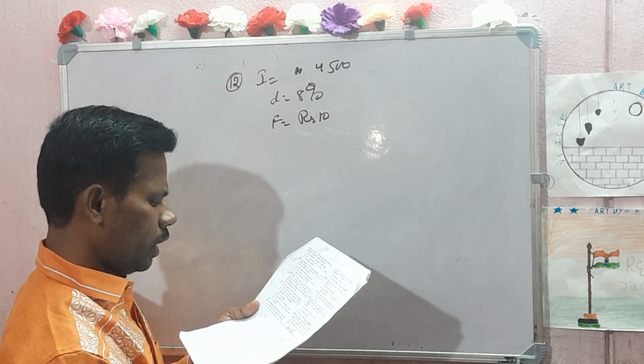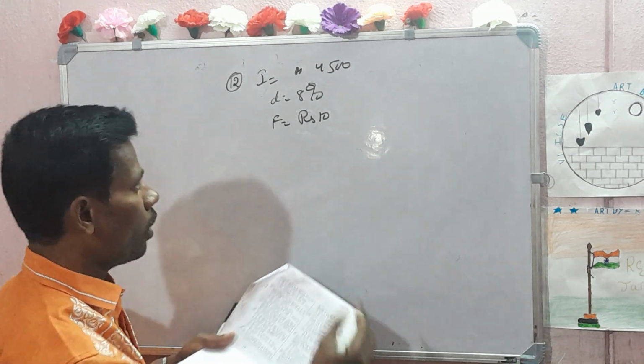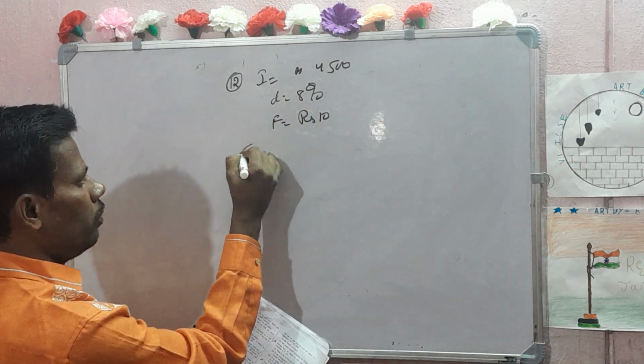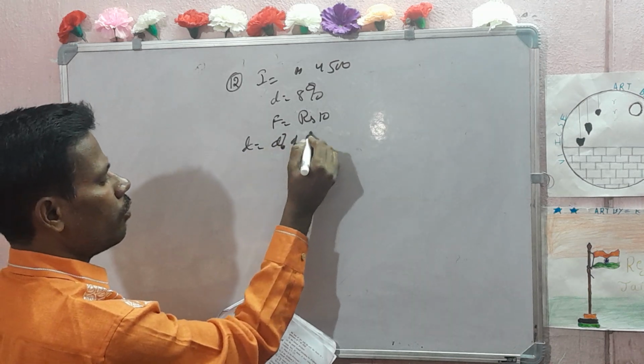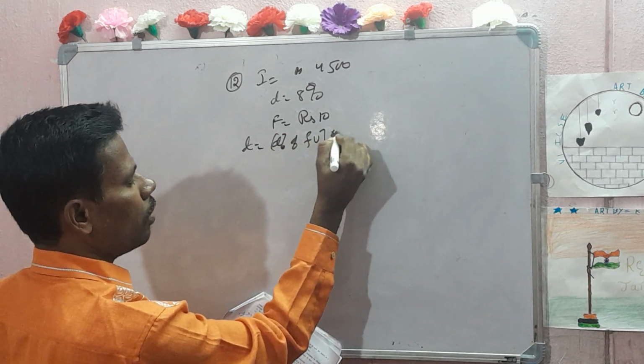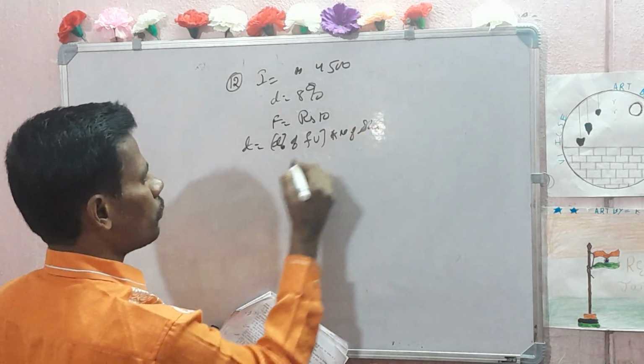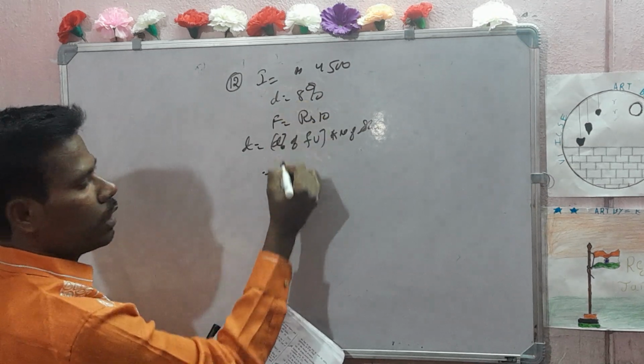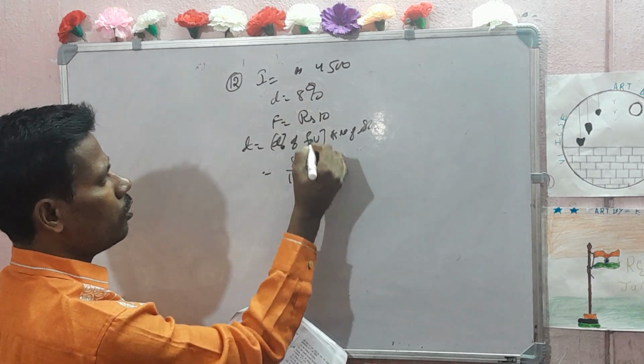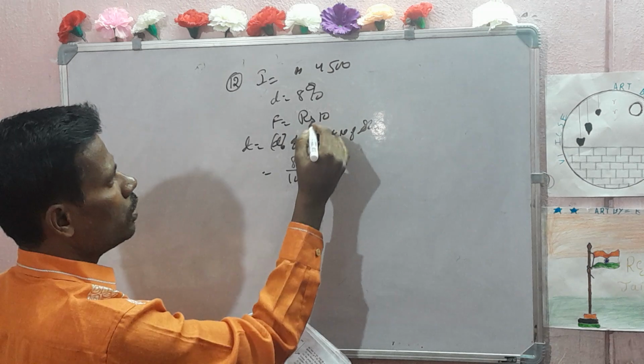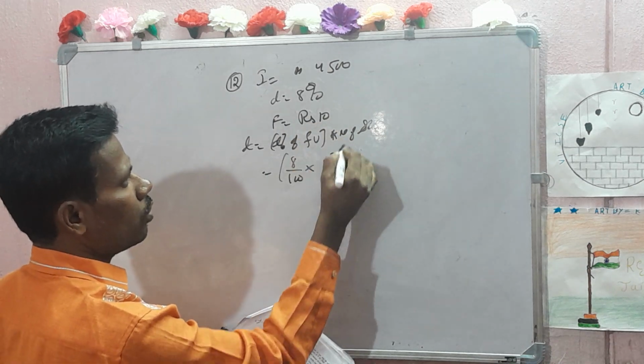So what is given next? Calculate the dividend. Dividend is the dividend percentage of face value into number of shares. Dividend percentage is 8 by 100, into face value 10, into number of shares.